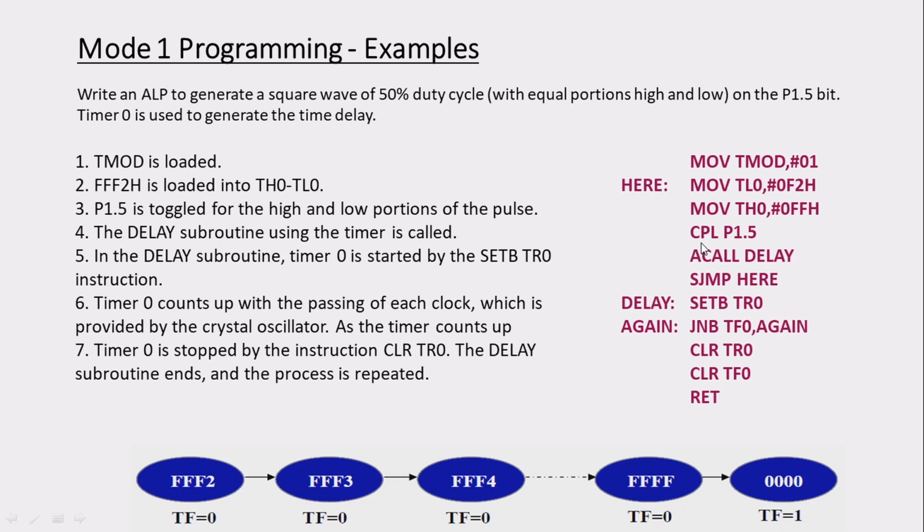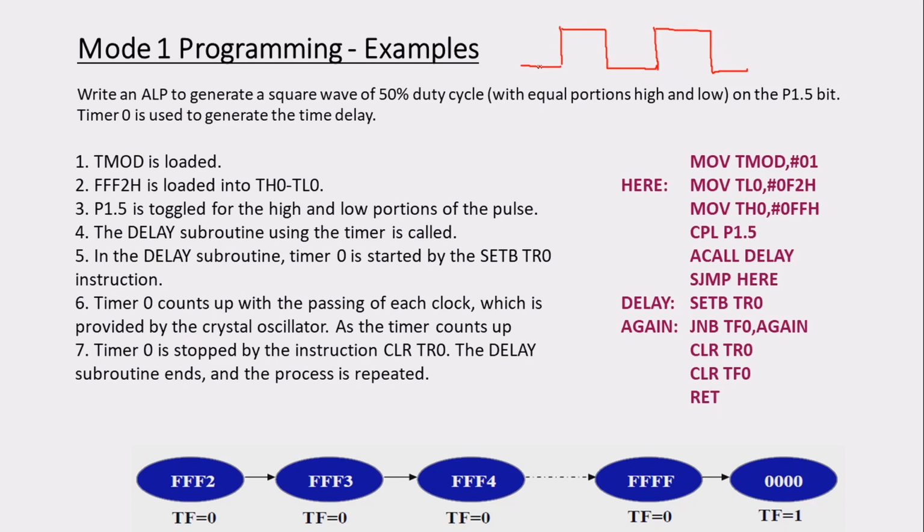Now why is the complement being used? That is because, if you look at the values over here, they have said I need to generate a square wave with a 50% duty cycle. So after every 50%, the value you are having is being complemented.